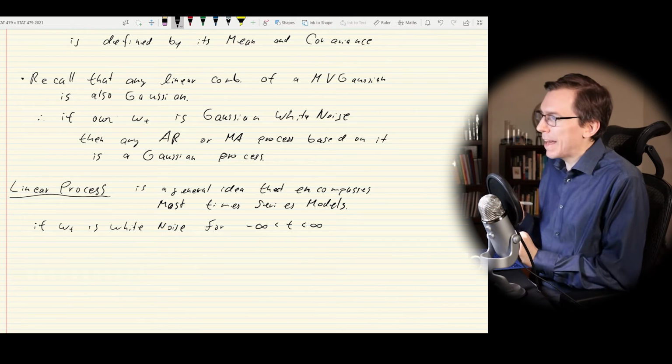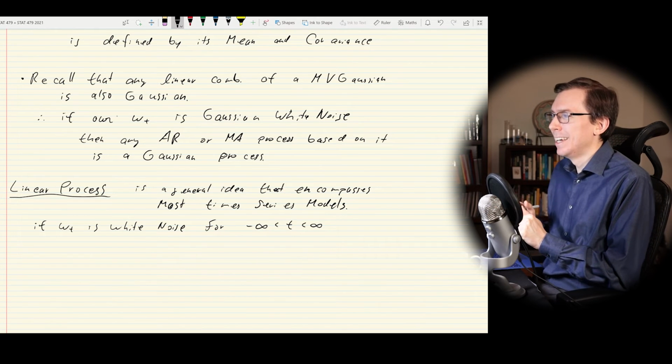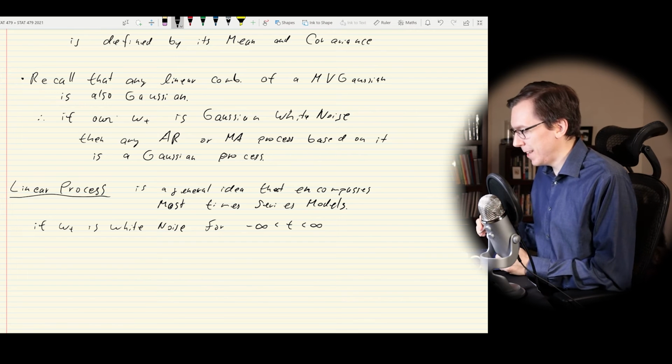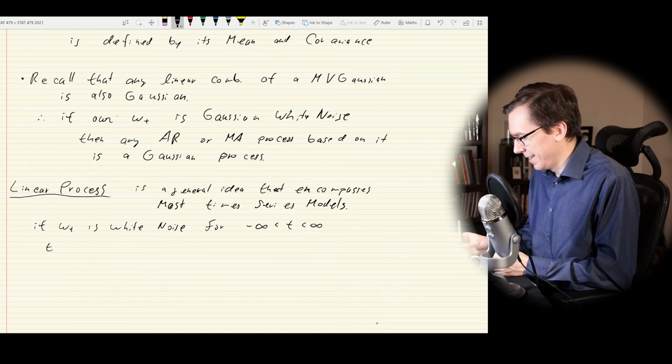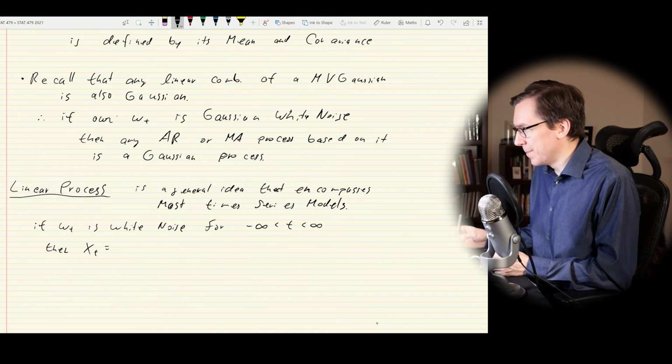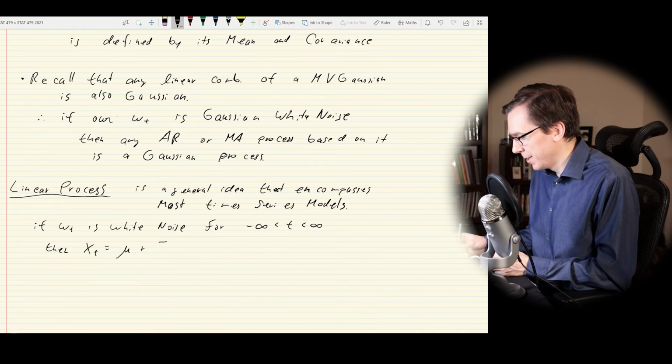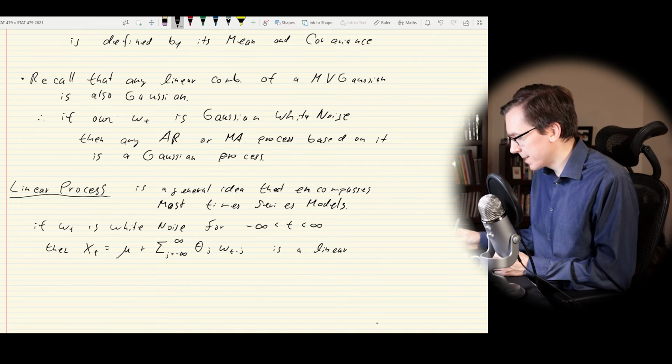But mathematically, we can think of a linear process as follows. If we have white noise that exists for all time, then x_t defined by mu plus the sum, where we take j from minus infinity to plus infinity of theta_j w_{t-j}, is a linear process.